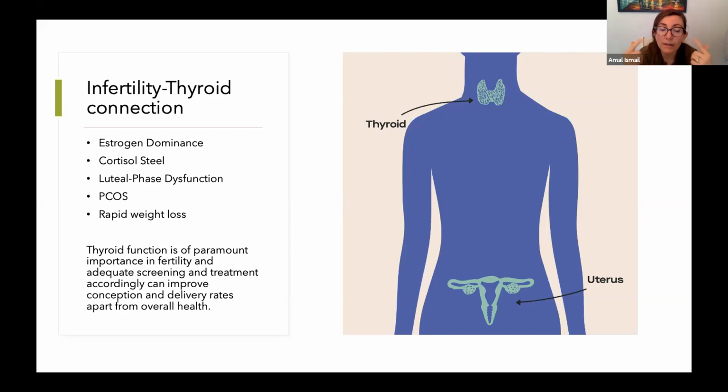When the body has a higher demand for cortisol, it shunts all the resources towards the production of cortisol, and then you get a reduction in your sex hormones, and as a result, that has a negative knock-on effect on your thyroid.